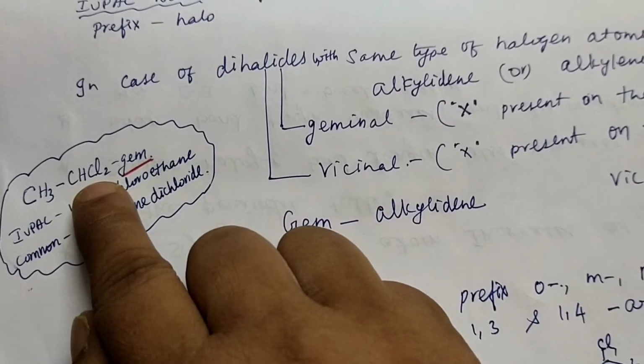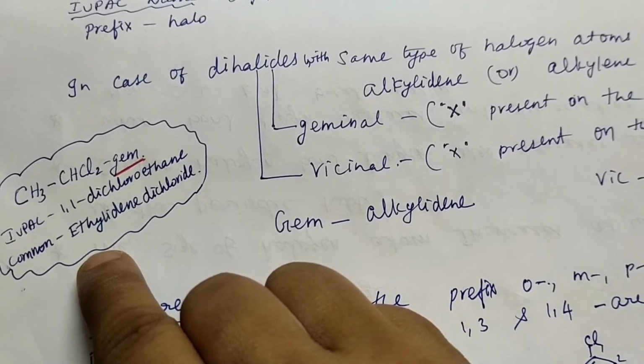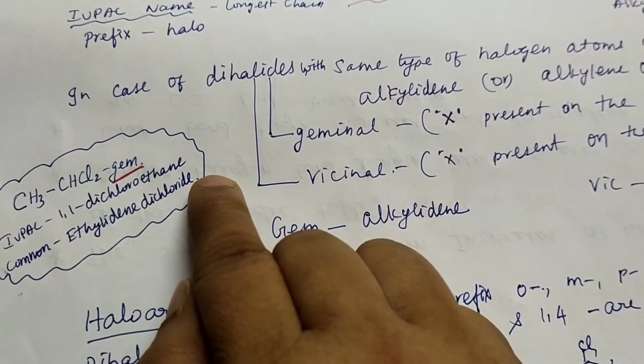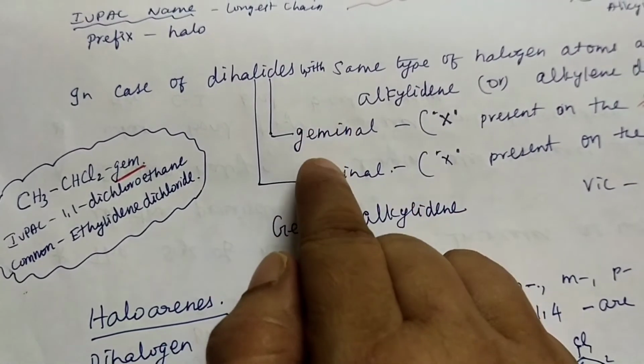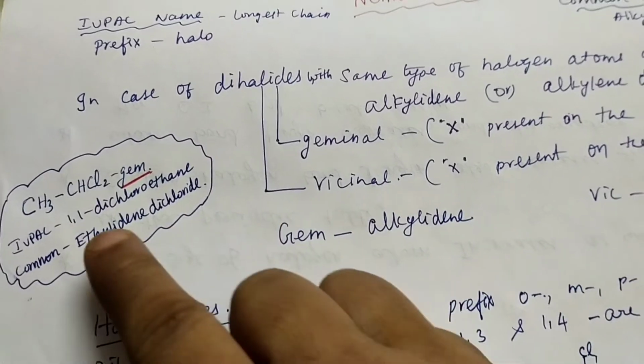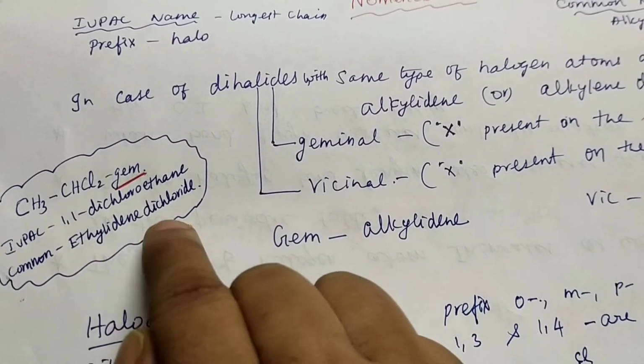Total number of carbons is 2, so the parent is ethane. In the common name, geminal is named as alkylidene dichloride, to differentiate geminal and vicinal. So ethylidene, as here there are 2 carbons, it is named ethylidene dichloride.